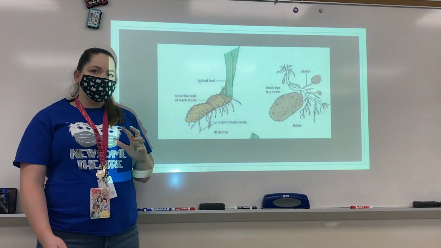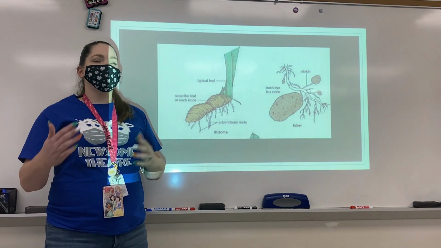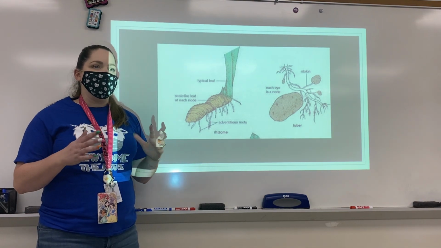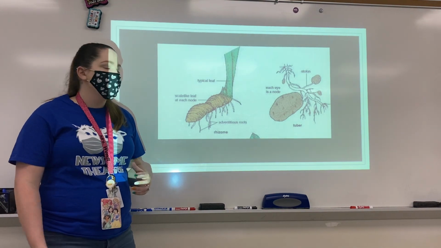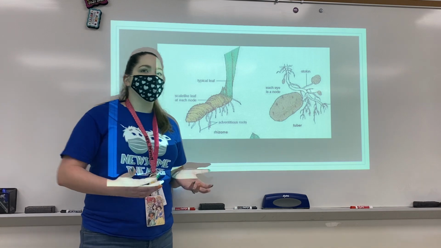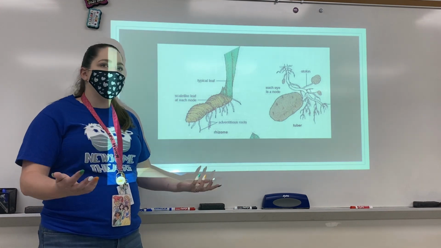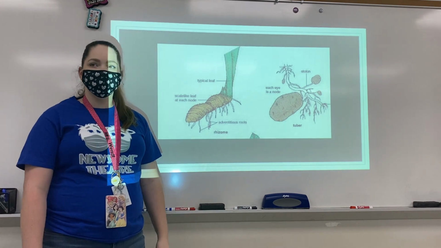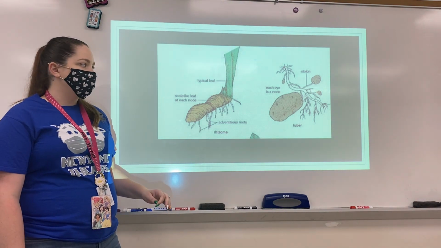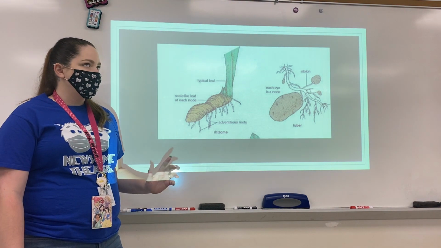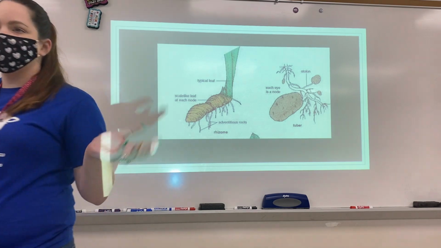So what you have to realize is anytime you eat a fruit or a vegetable, you are basically just eating a modified part of that plant. Okay? So a potato is just a modified part from a stem of a plant. Yes? So it's kind of like a seed in a sense, because you just put it in the ground and it grows. Kind of, yes. A different type, yes.